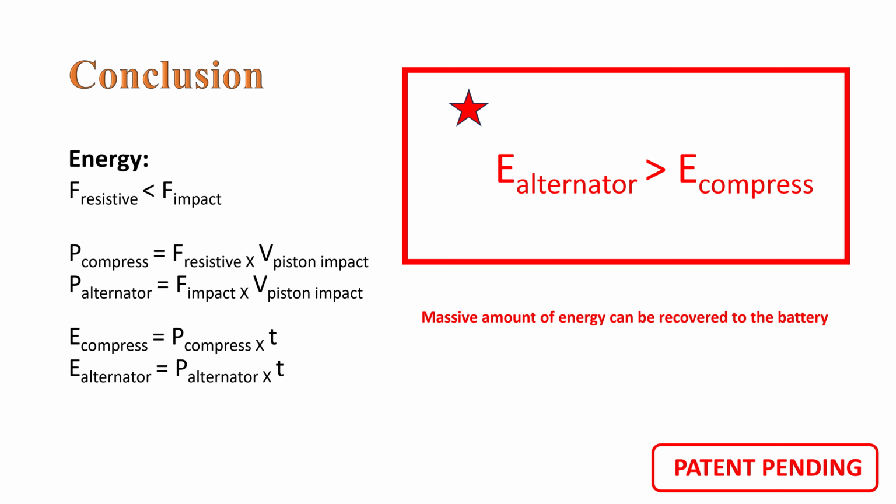The power required to compress the piston is much smaller compared to the power produced by the alternator. More power means more energy. We have recovered a massive amount of energy back into the battery using the hydropneumatic shock and turbulence energy generator.